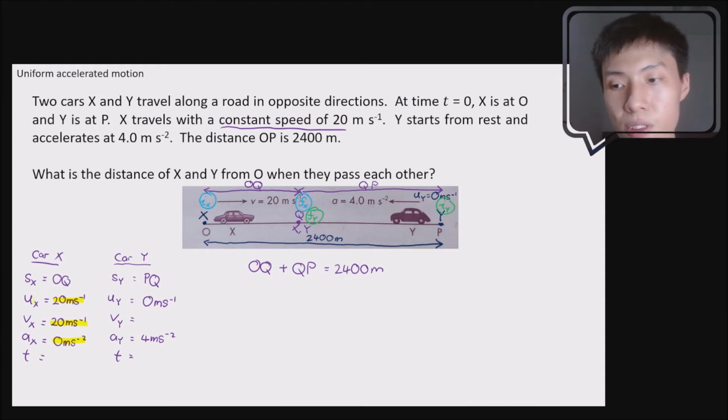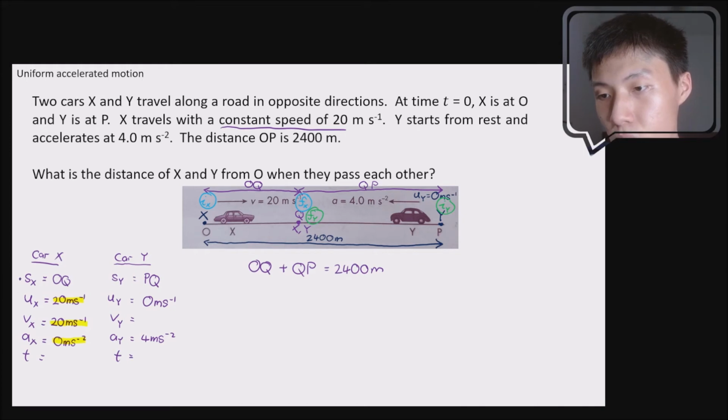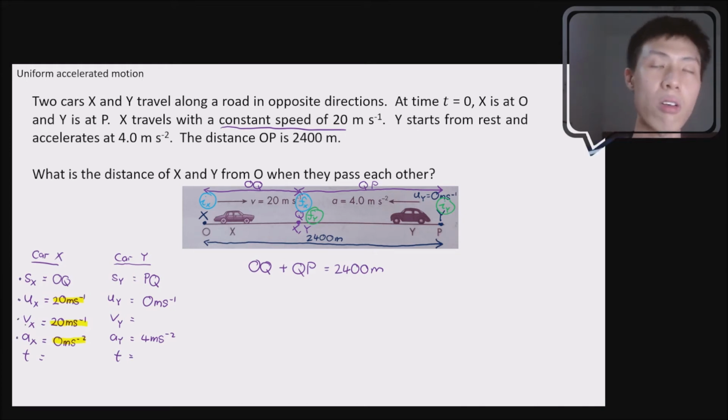Now you might think of it as having 3 separate information. Like what we usually do last time is we will say we want to find S and we have data on U, V, and A. Then you might think, oh, I have most of the things that I want. I can use V square equals U square plus 2AS to find S.